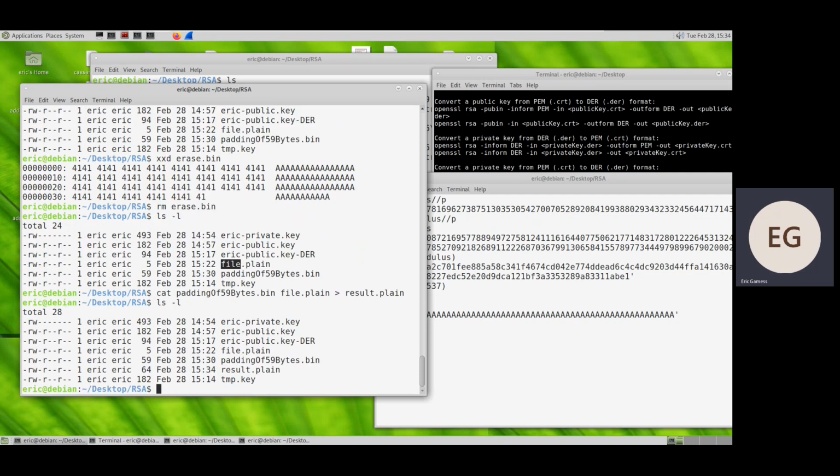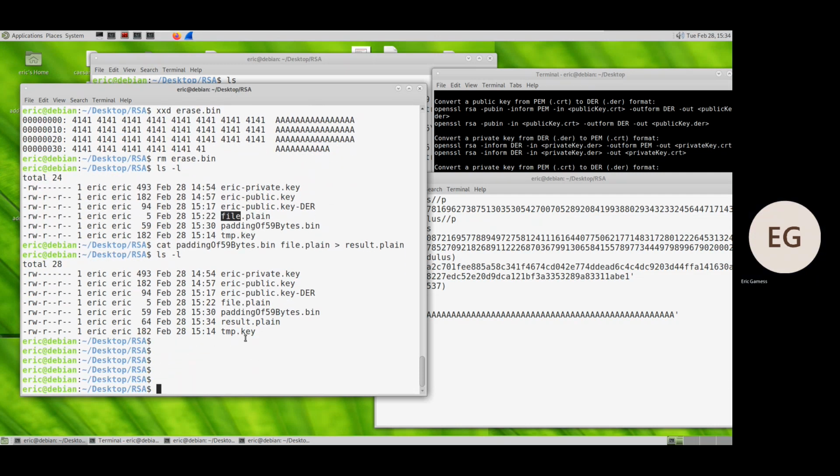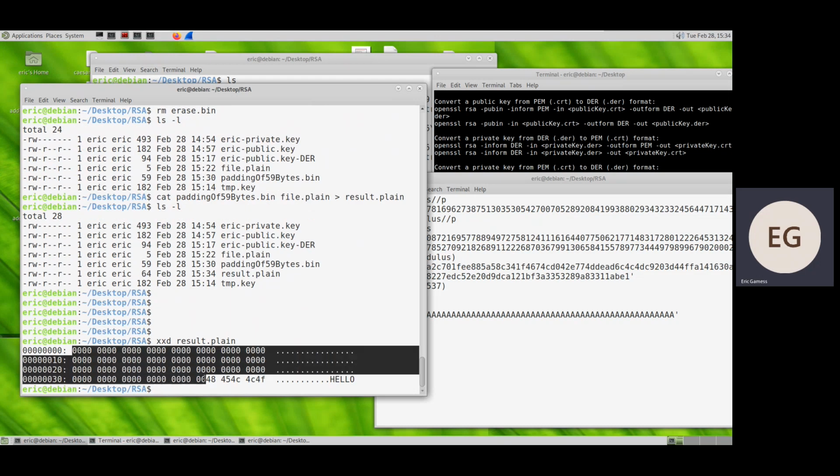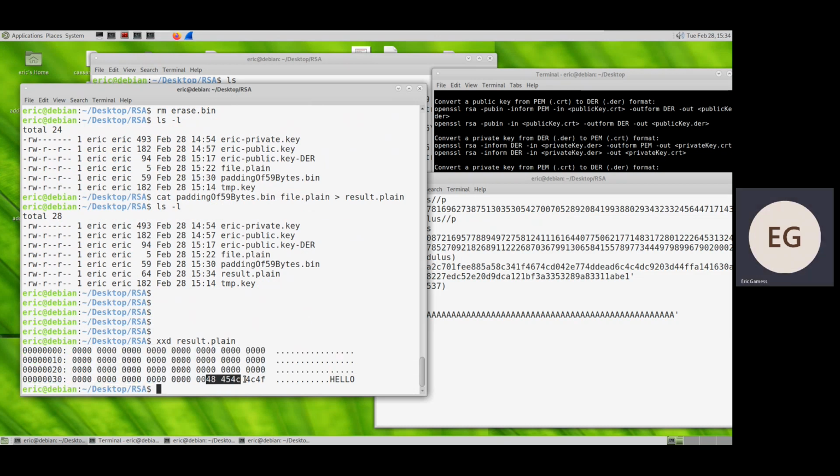Look, I generated a new file, result.plain, and it has 64 bytes. This is exactly what I want. Inside this file is at the beginning 59 zeros, as you can see, and then at the end 5 bytes that correspond to hello. You see how I made the file?